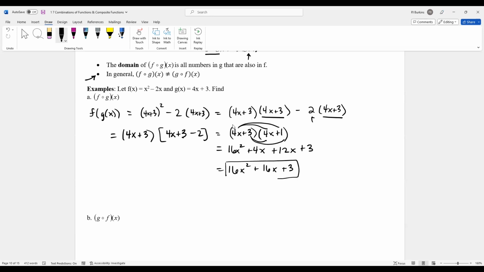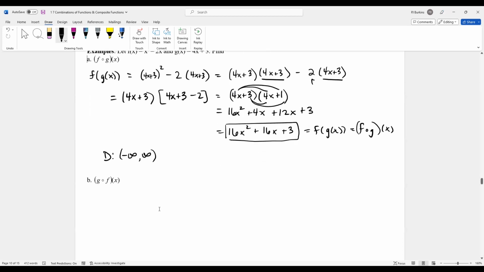So this is f of g of x, or sometimes written this way. Okay. What's the domain? Well, we got done saying that both of the original functions were polynomials. They don't care. This is also a polynomial. So they're happy with putting any kind of x in there.